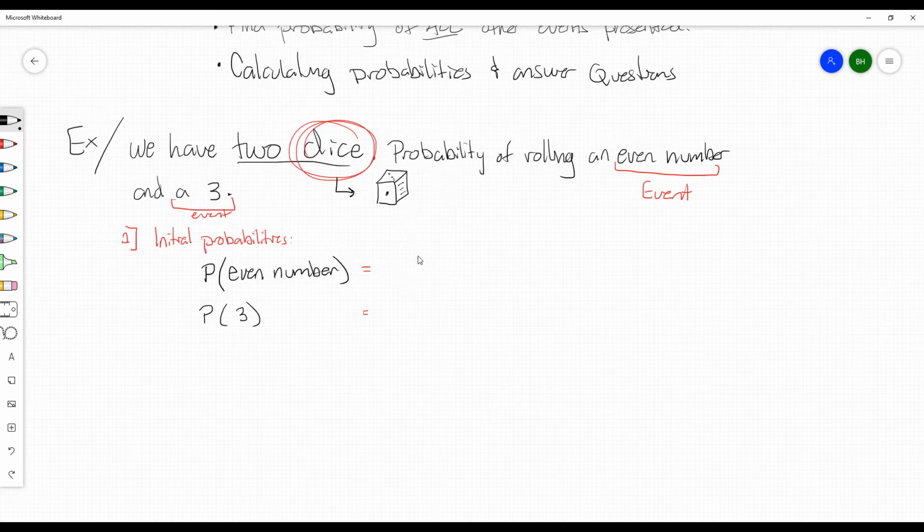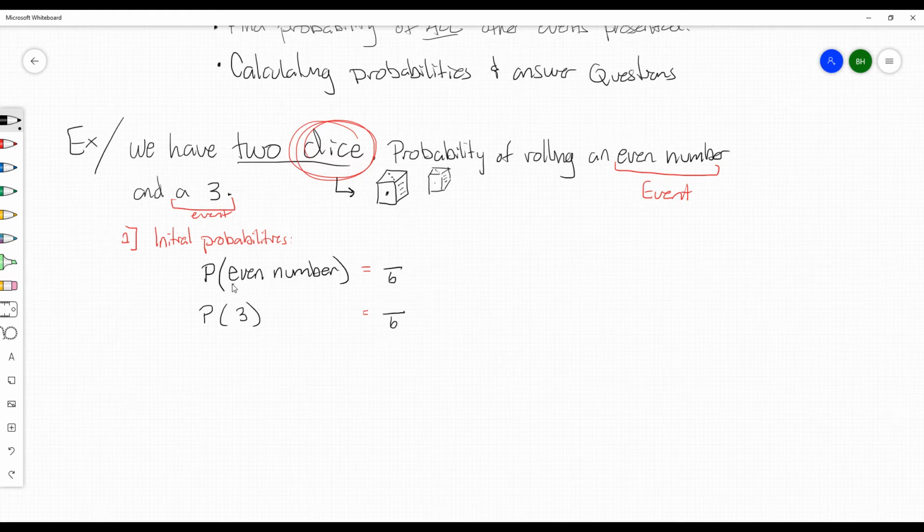So when we're making an initial probability, we would like to put what we know, how many different number options, on the bottom. Okay, so we have 6 sides in each dice. Now, it doesn't really matter which one we're talking about because they're both considered the same in this problem. There's not any fancy dice that we're working with. And so we're going to start with out of 6. There's 6 possible number choices.